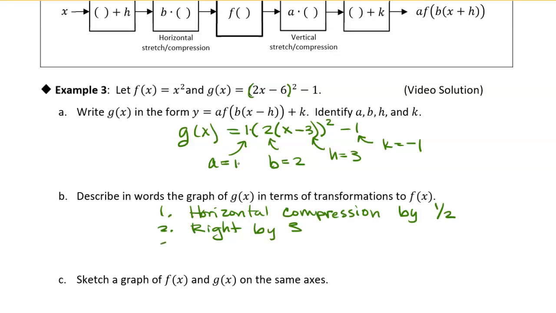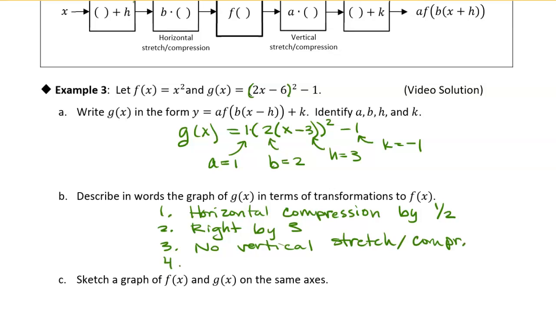Now we have to describe the vertical stretch or compression. So I'm just going to write vertical. The vertical stretch or compression is controlled by the a value. Actually it's 1, so there is no vertical stretch or compression.